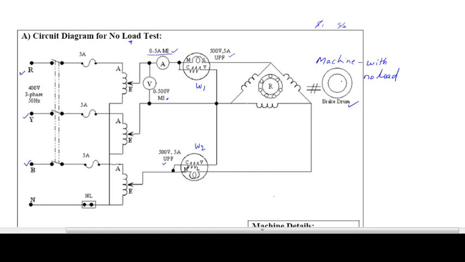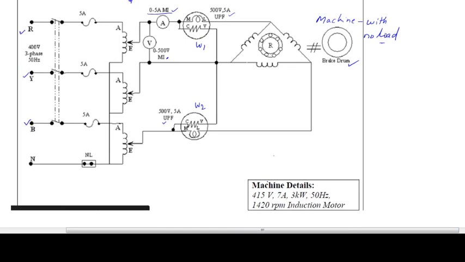When we load the brake drum, the speed starts to decrease due to the load, but now we are performing this experiment on no load, so we are not applying any load to the brake drum.